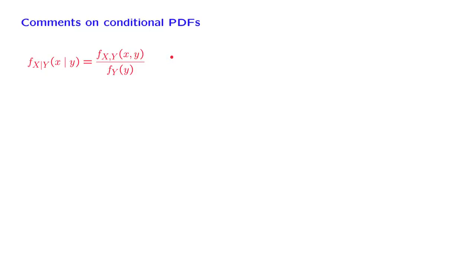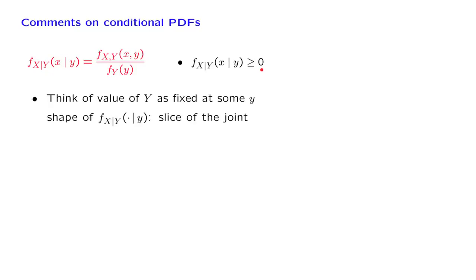A first and obvious observation is that the conditional PDF is non-negative. It's defined when the denominator is positive, the numerator is a non-negative quantity, so it's always a non-negative quantity. A more interesting observation is that for any given value of little y, the conditional PDF looks like a slice of the joint PDF.